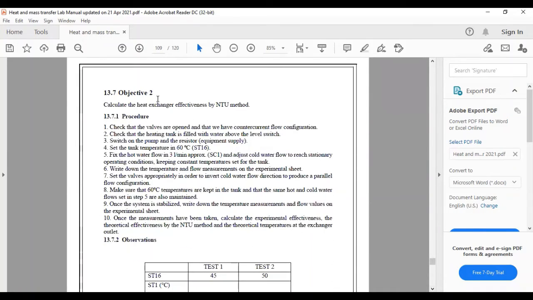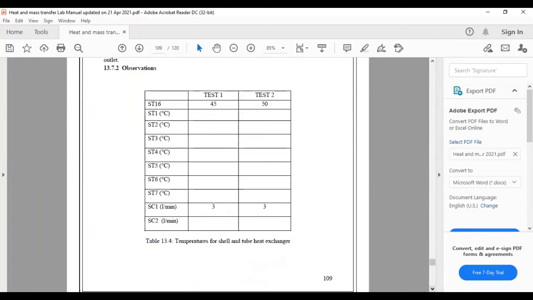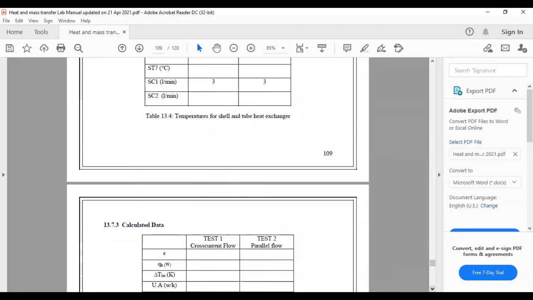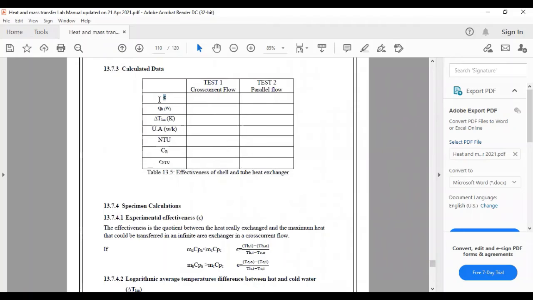Objective number 2 was to calculate the heat exchanger effectiveness by the NTU method. So now we have the set of readings, one for parallel flow and the second one for counter parallel flow, and these are all the readings we have measured from the experiment. For this effectiveness value, we use these formulas. You will multiply the mass flow rate with the specific heat.